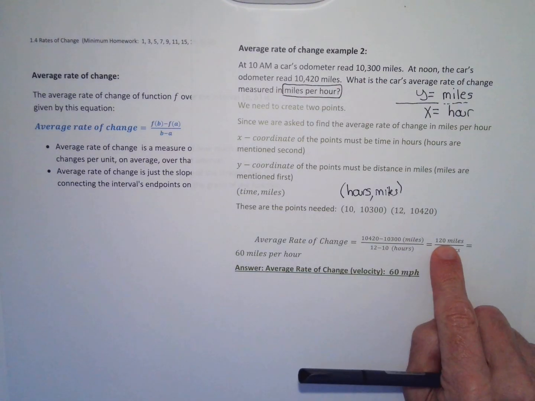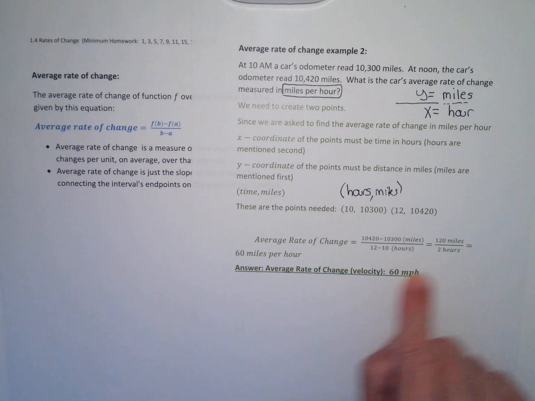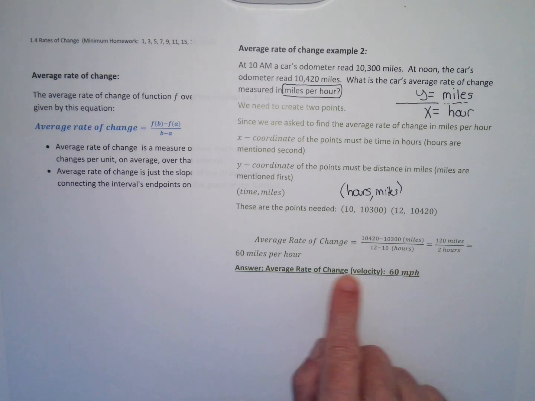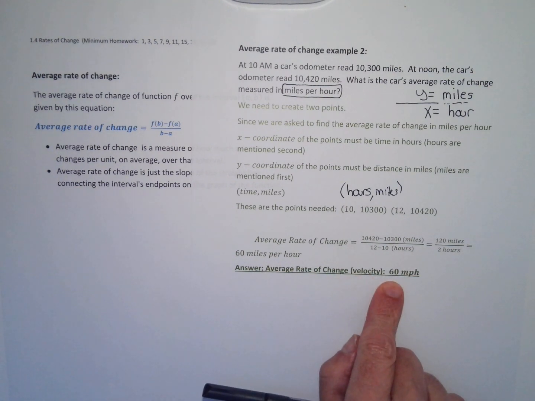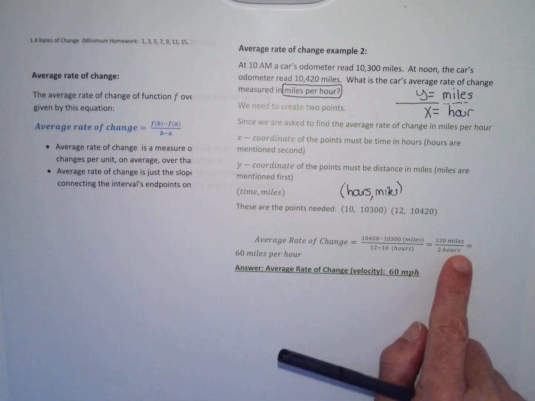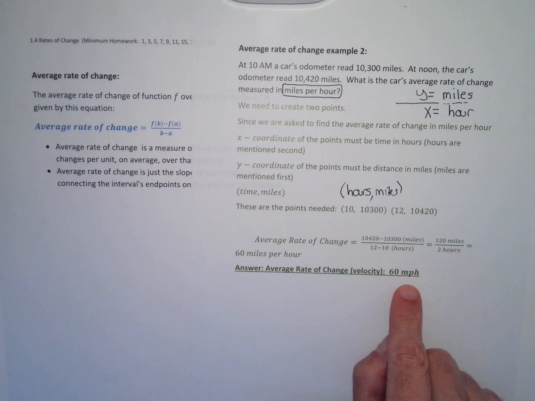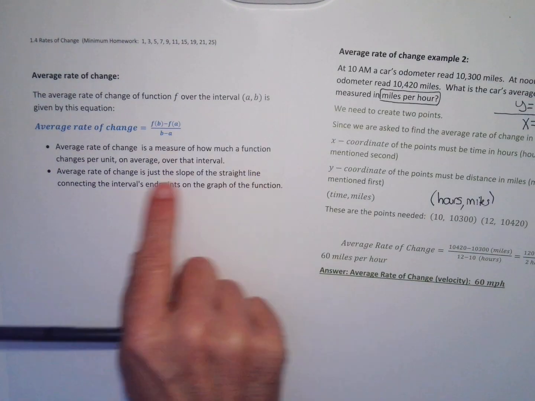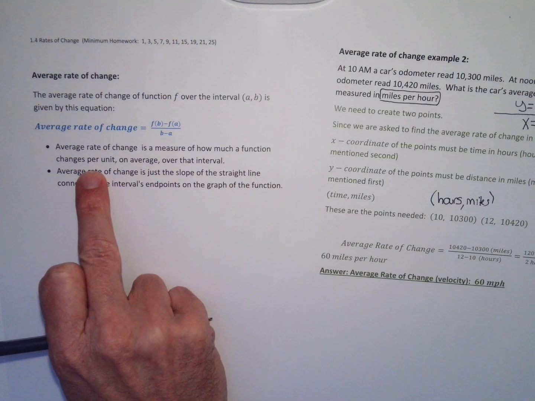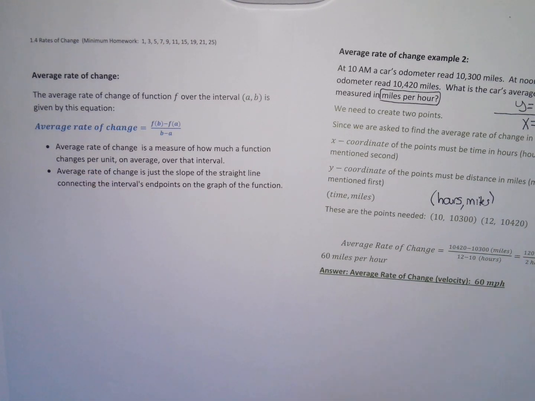This car went 120 miles in 2 hours. So its average rate of change is 60. And now the units, it's per unit of time. Its average rate of change is 60 miles per hour. So when I say the average rate of change is how much the function changes per unit, the unit is hours, and it's changing at 60 miles per 1 hour time unit.